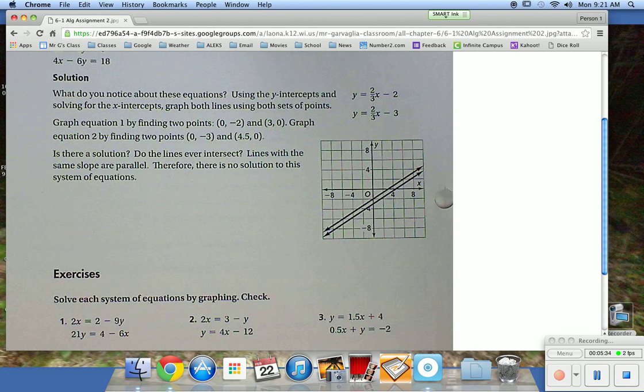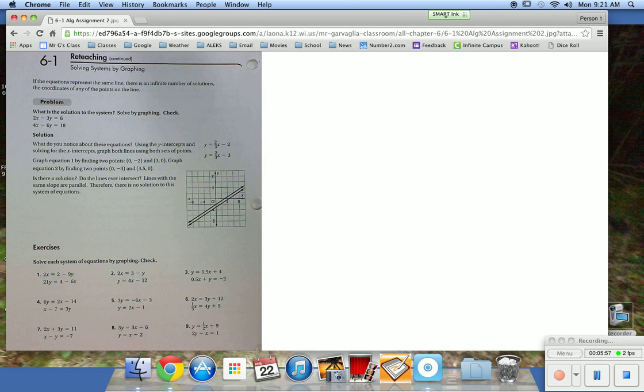Take a look at these two equations. If we were to graph these, our slopes are 2/3 on both of them, right? But they have a different y-intercept. They're parallel to each other, but they'll never touch. So if the slopes are the same but the intercepts are different, they're going to be parallel. What's the solution? No solution.